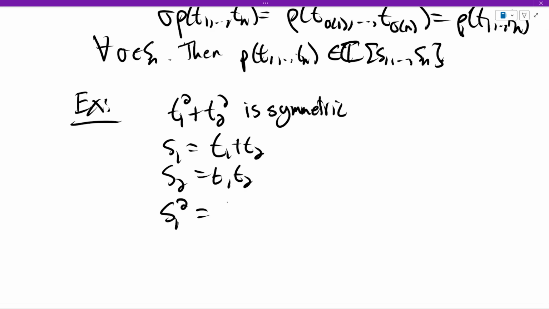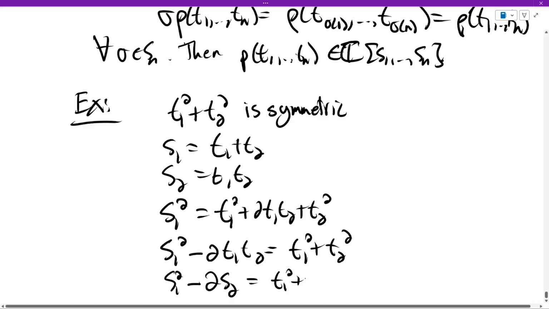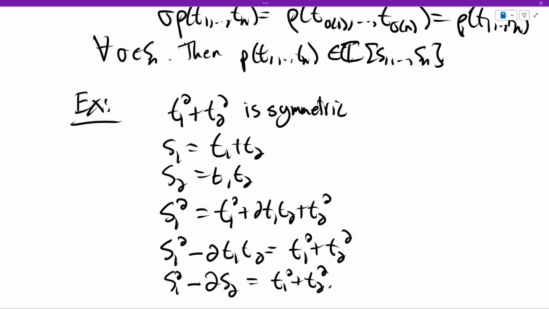S1 squared is T1 squared plus 2 T1 T2 plus T2 squared. So S1 squared minus 2 T1 T2 is the thing we want, T1 squared plus T2 squared, and T1 T2 is S2. So we were able to express T1 squared plus T2 squared in terms of the two symmetric polynomials.